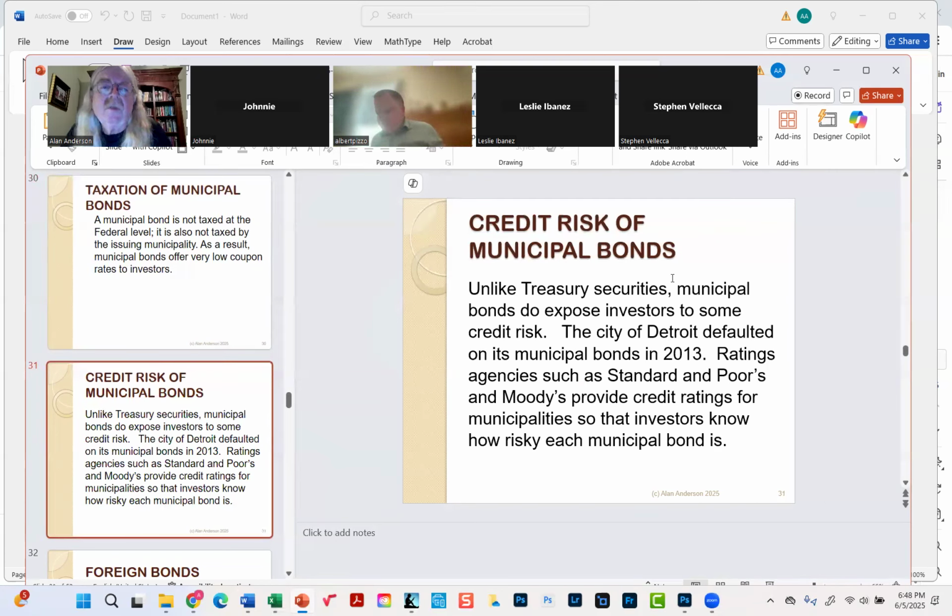Bankruptcy is different because if a corporation goes bankrupt, the bankruptcy court sells off all of the company's assets, and whatever there is gets split up among the bondholders, and that could be very little in some cases. So here, at least, there's some chance you'll get some of your money back, just not when you're expecting it.